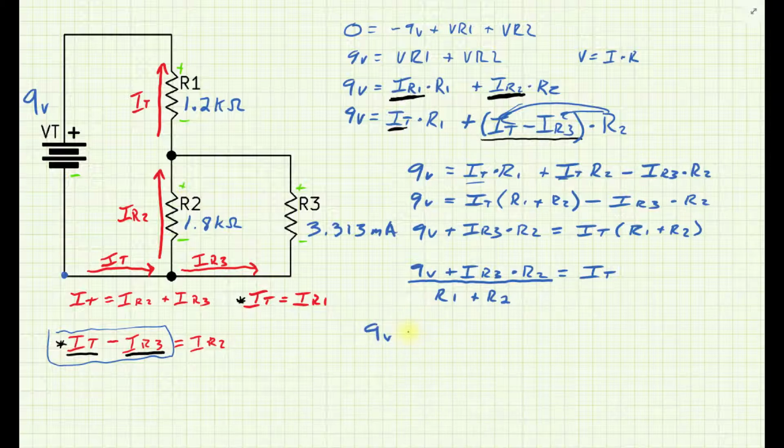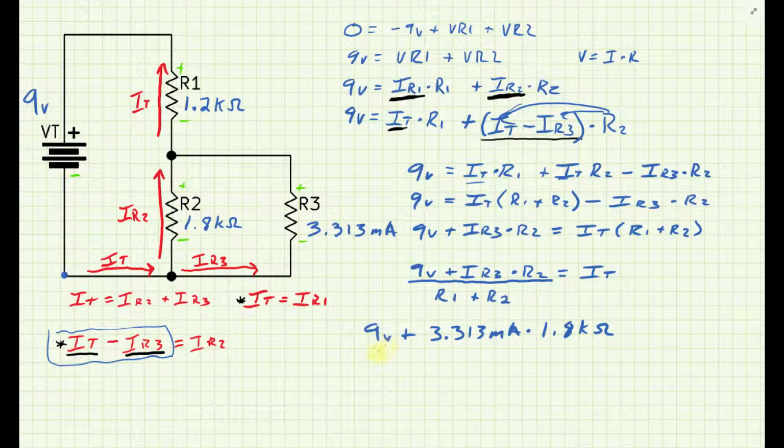9 volts plus 3.313 milliamps times R2, which is 1.8 k ohms.